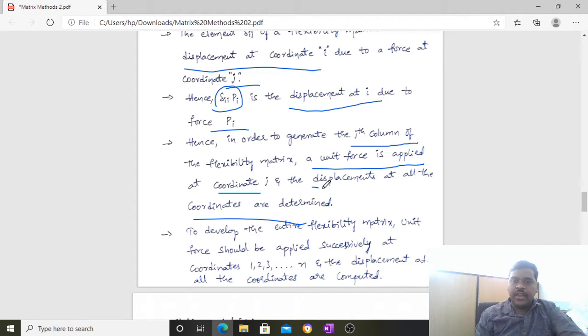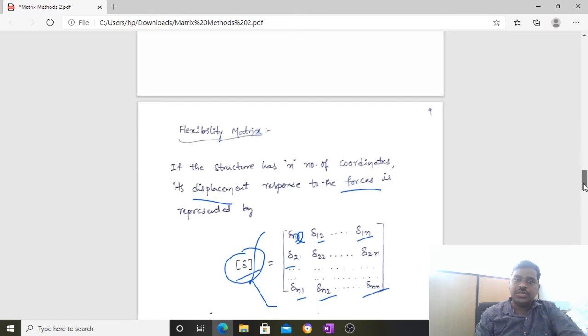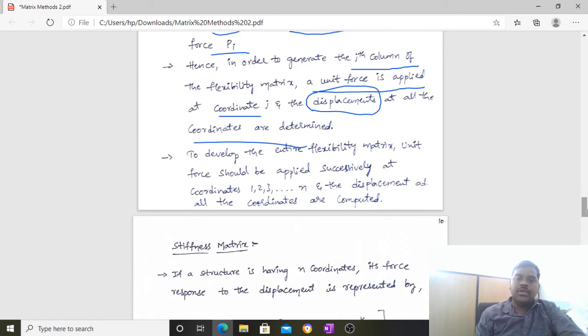Okay, so we are determining the displacement at all the coordinates in flexibility matrix approach, right? So to develop the entire flexibility matrix, unit force should be applied successively at all the coordinates 1, 2, 3 and n.